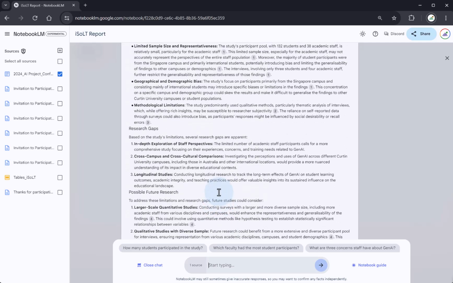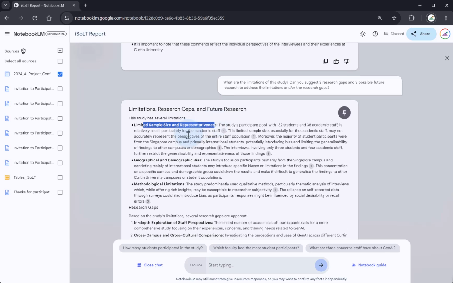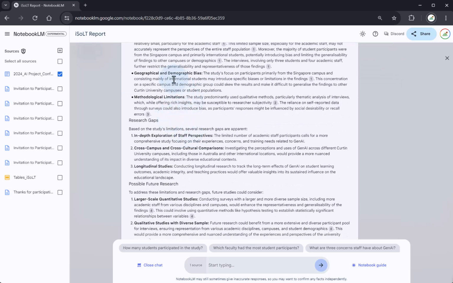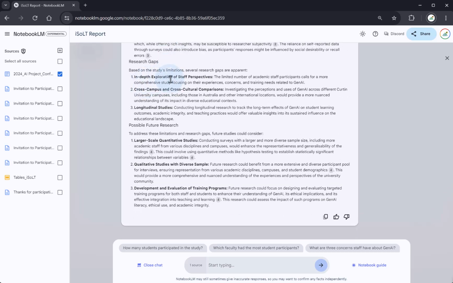All right, so the limitations will be the sample size, the representativeness, methodology, and the geographical bias, as well as longer scale quantitative studies, more diverse samples, and development and evaluation of training programs. So this is fairly interesting.